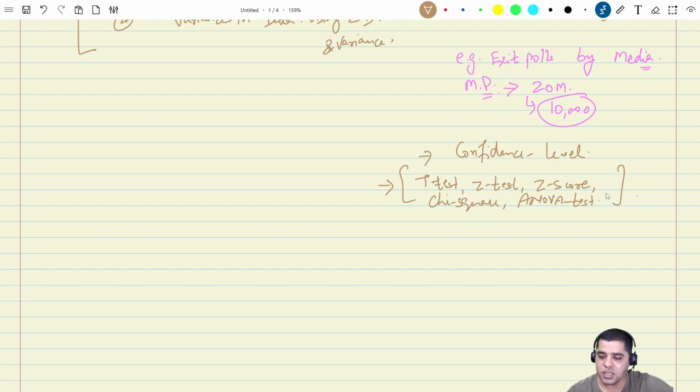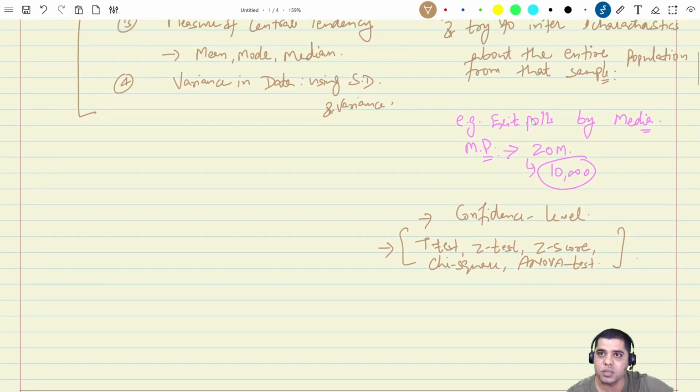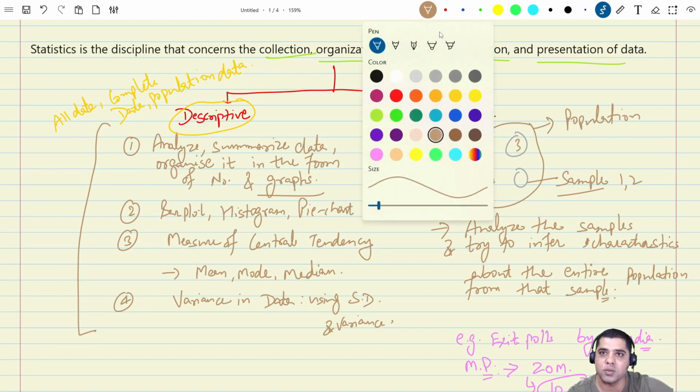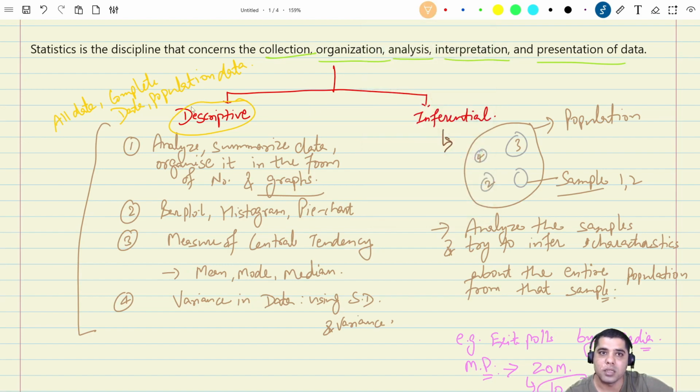So this was the basics about descriptive statistics and inferential statistics. As mentioned earlier, descriptive statistics is applied on all the data, the complete data, whereas inferential statistics is applied on a sample of the data.